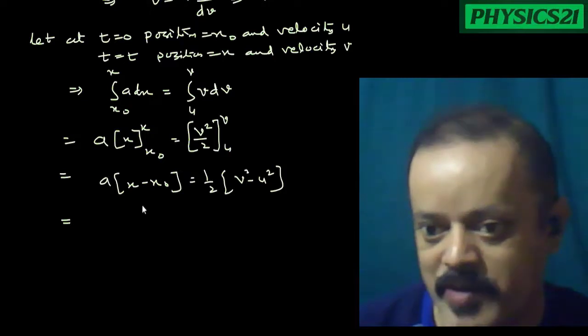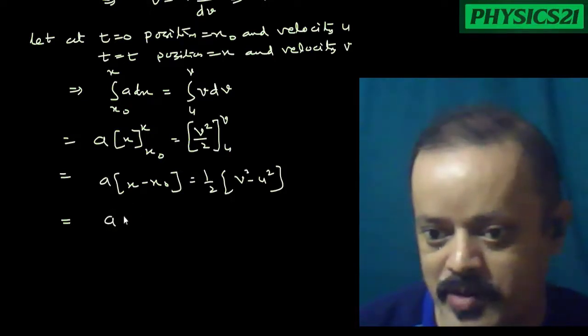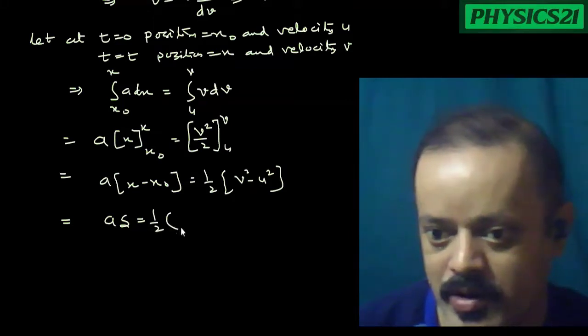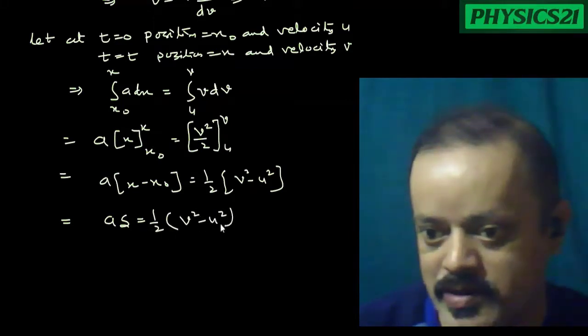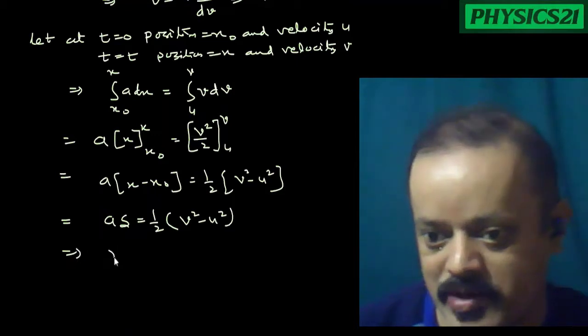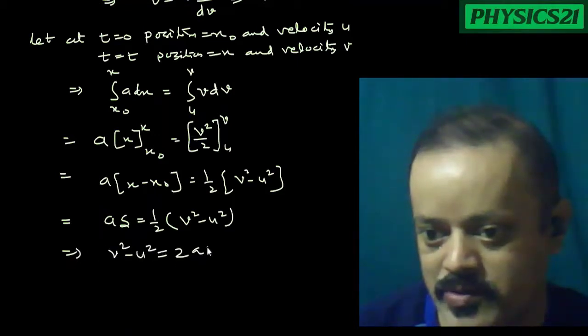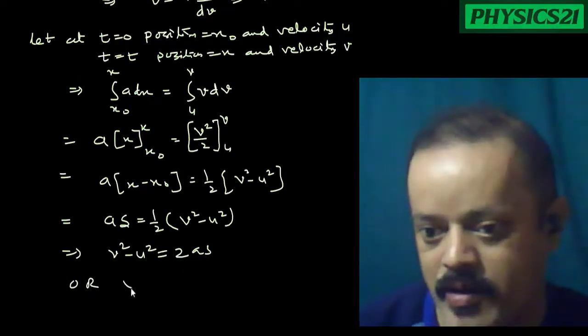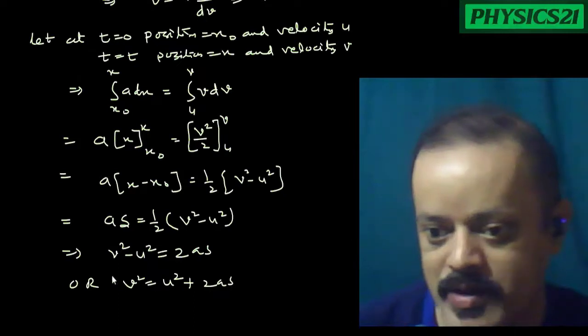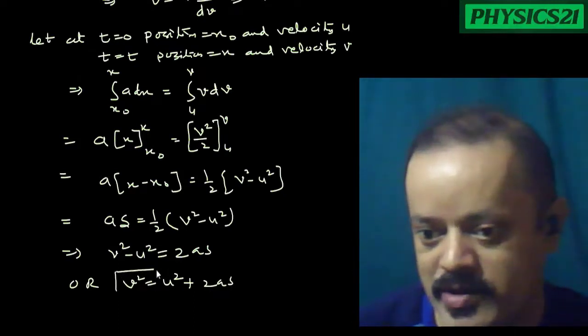In place of x minus x naught, we will substitute s. So as is equal to 1 by 2 in bracket v square minus u square. By cross multiplication, we get v square minus u square is equal to 2as, or v square is equal to u square plus 2as. This is the third equation by the calculus method.